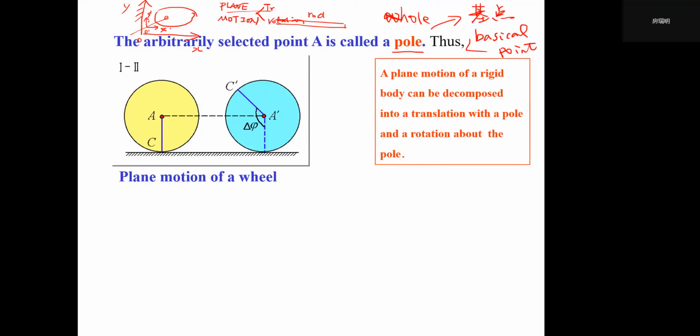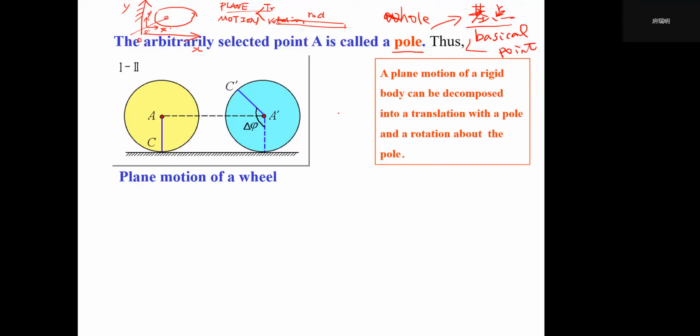Our rod and our X prime, Y prime do not need to rotate, right? So it's more like its rotation is around this pole. That, I think, is the reason why English uses pole for the Chinese 基点.